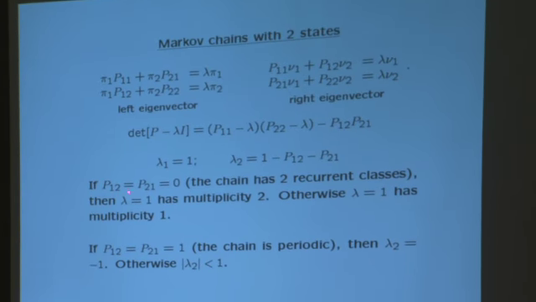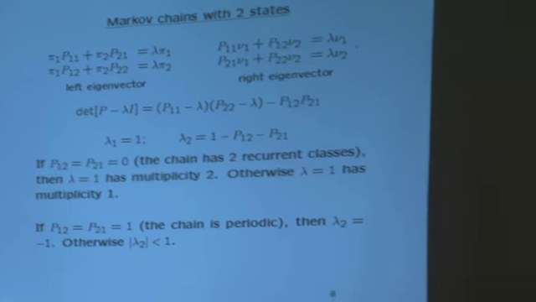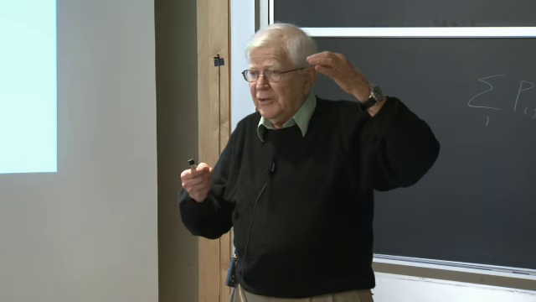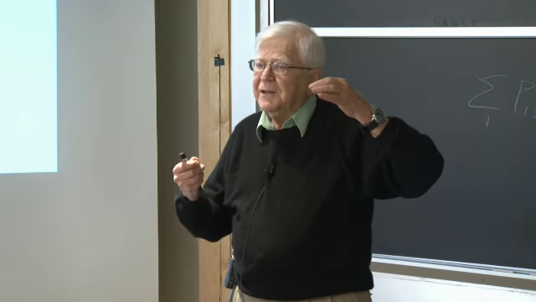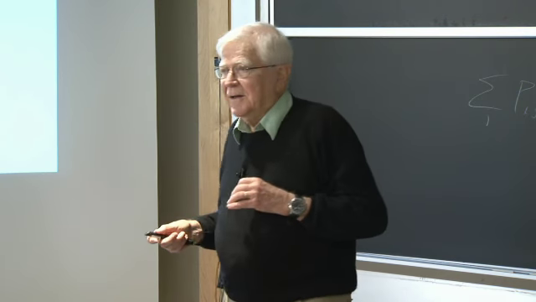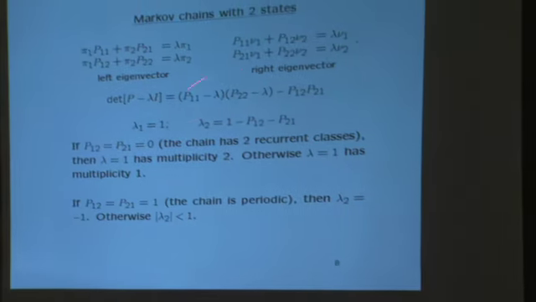If the off-diagonal transition probabilities are both 0, what does that mean? It means if you start in state 1, you stay there forever. If you start in state 2, you stay there forever. It's a very boring Markov chain, but it's not very nice for the theory. So we're going to leave that case out for the time being.